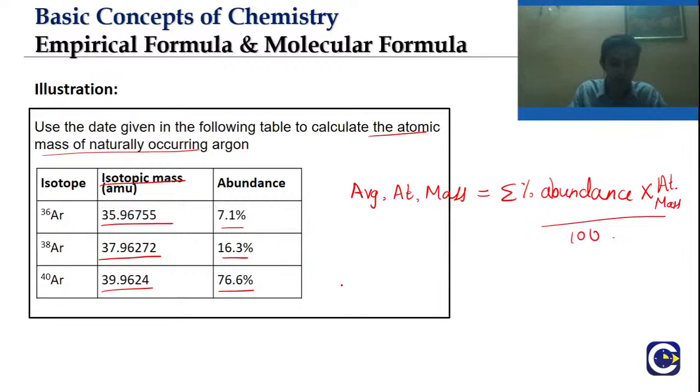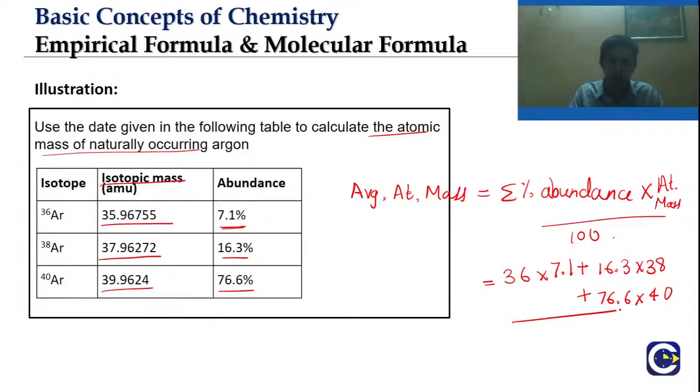For the first case, it is 7.1%, so I can take it as 36 for ease. 7.1 into 36, plus 16.3 into 37.96, which I can take as 38, plus 76.6 into 40, divided by 100.